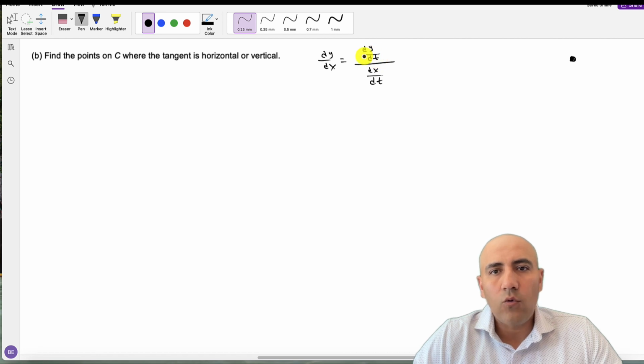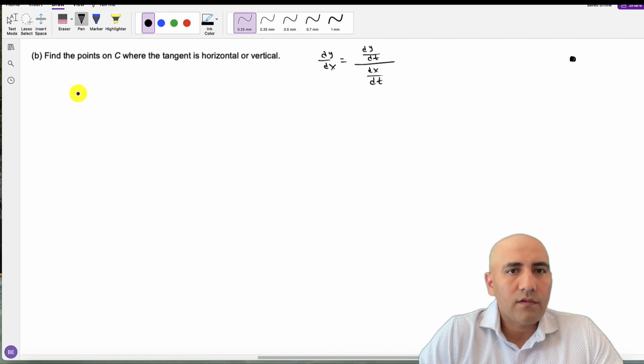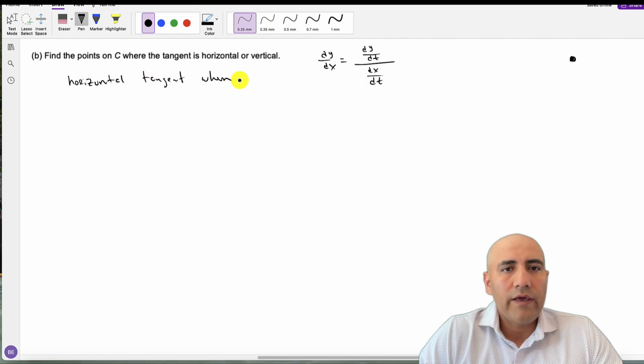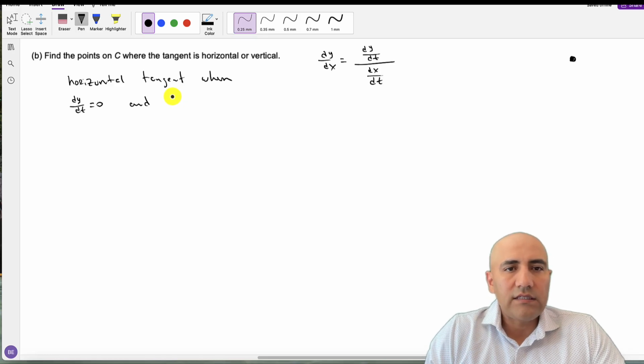So that'll happen when dy/dt is equal to 0 and dx/dt does not equal 0. So horizontal tangent when dy/dt equals 0, and at the same time dx/dt does not equal 0.